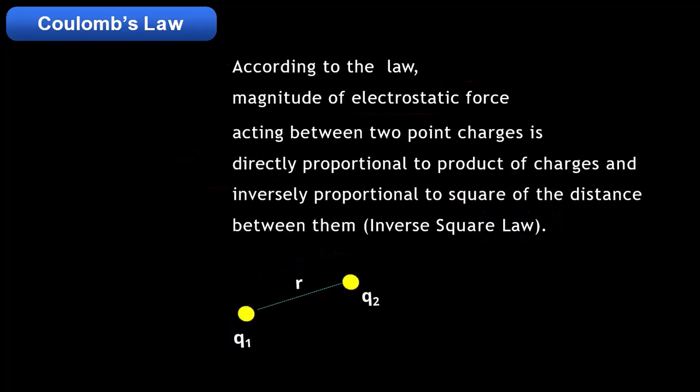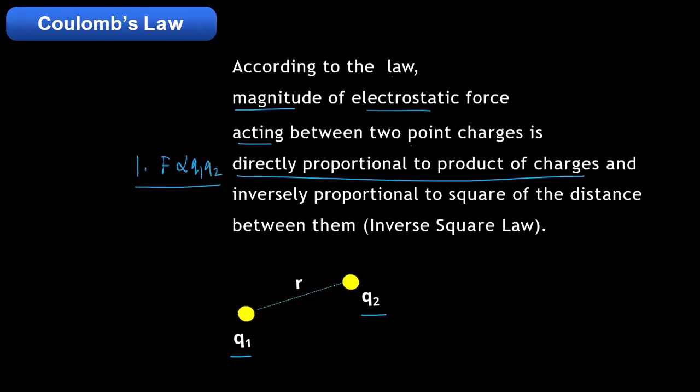Now, what is the statement of the law? According to the law, the magnitude of the electrostatic force acting between two point charges is directly proportional to the product of the charges. Let us say one charge is Q1, another charge is Q2. So this force is proportional to the product of the charges Q1 and Q2. This is the first statement, and it is inversely proportional to the square of the distance between them. So if R is the distance between them, the force is inversely proportional to R square.